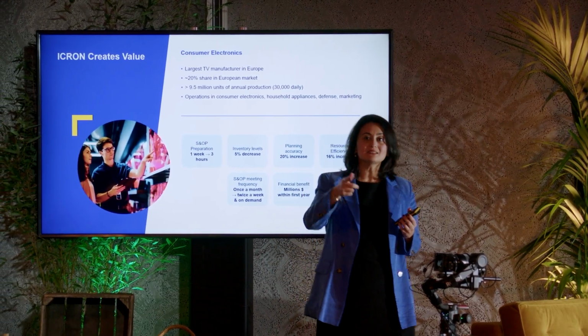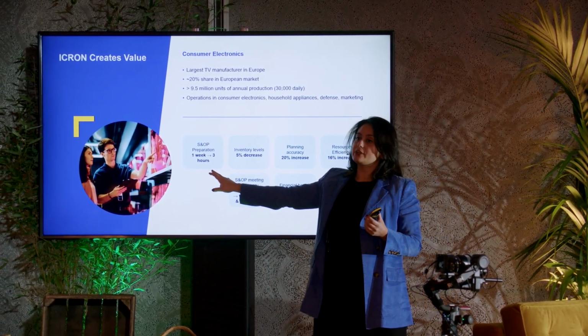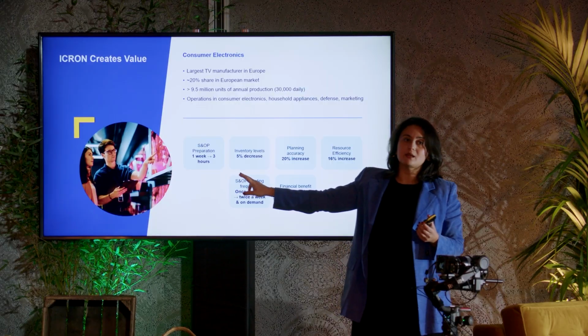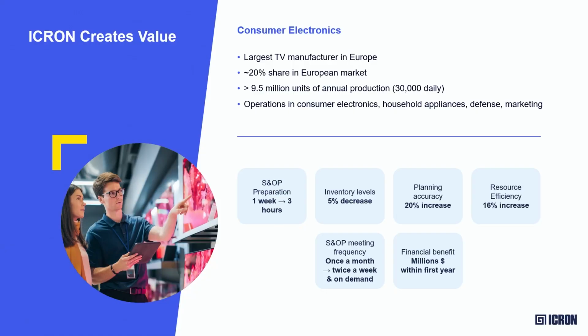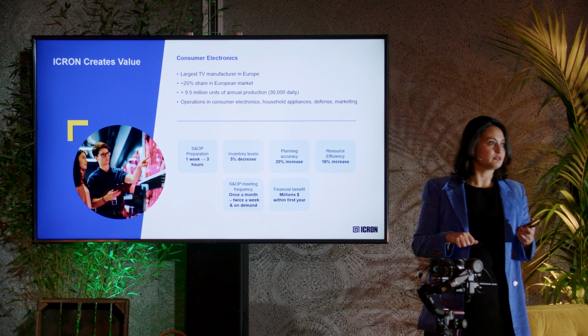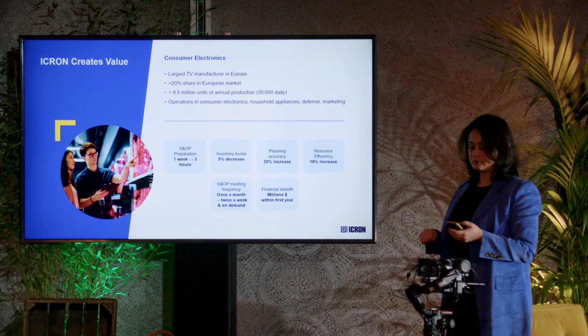They were preparing multiple scenarios within 3 hours. We are not talking about a monthly process. They meet at least twice a week, maybe on demand also, maybe more frequently, to make critical decisions in an agile manner. And in the first year, they made financial benefits of millions of dollars.